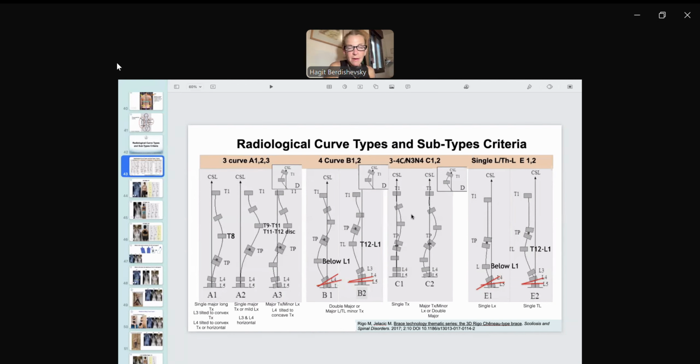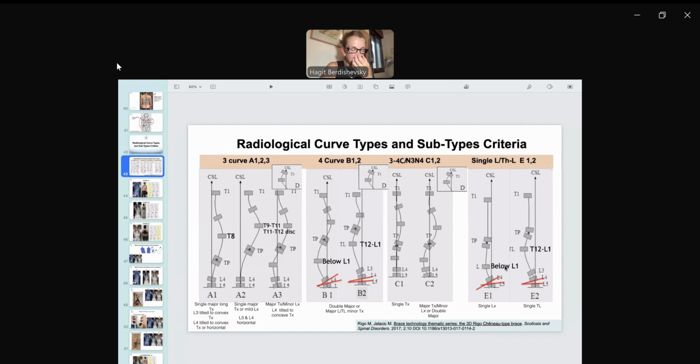One of them is going to be under the name B1, and the second one in the single is E1. It's the number one that represents that the apex of the primary lumbar curve is below L1.